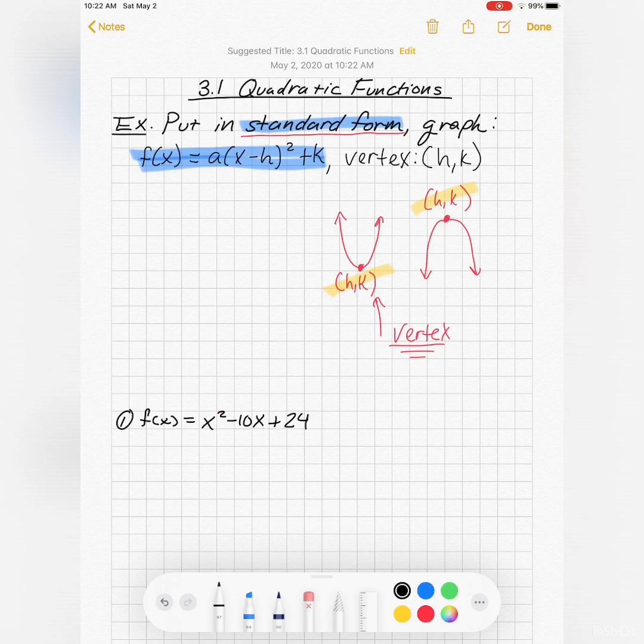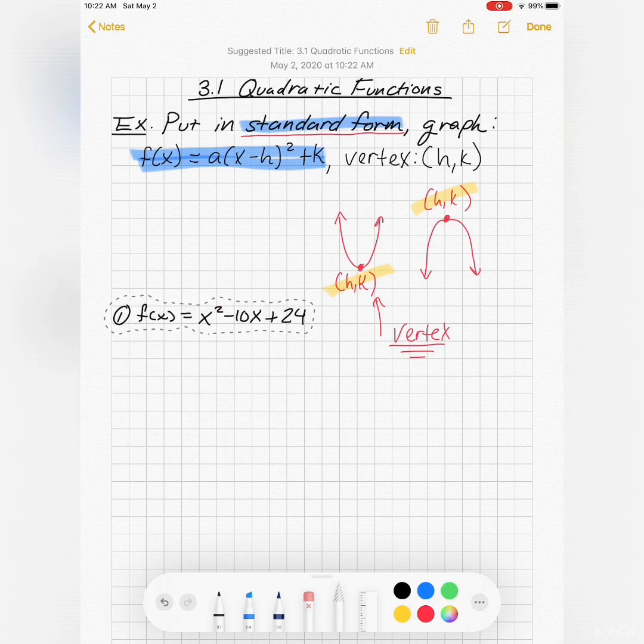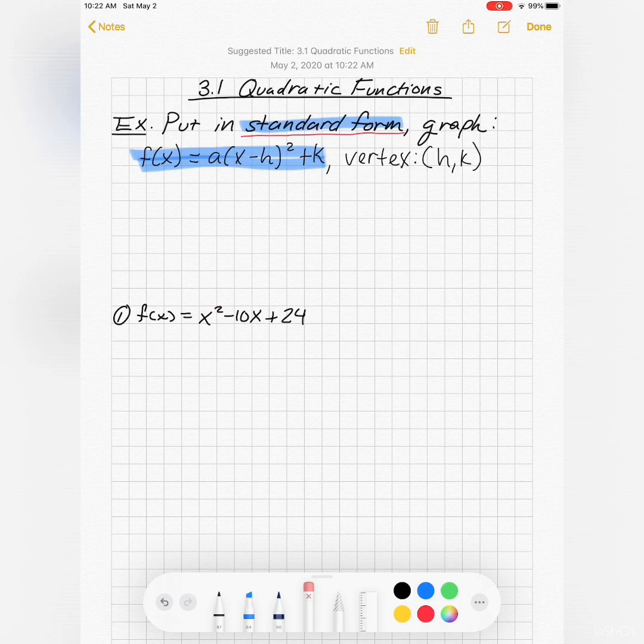So my goal is, again, can I take this and put it into standard form? So I need a series of steps. My steps to put this into standard form, I'm going to use a process called completing the square. So here's the way I think about this.